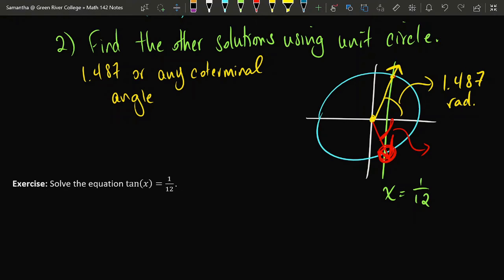Now turning counterclockwise through an angle of 1.487 radians is how I reach this location at the top. Due to the symmetry of this picture, if I want to get to the bottom, all I have to do is turn clockwise by the same amount. So that can be achieved with an angle of negative 1.487 radians. And with this, I get a description of all the other solutions.